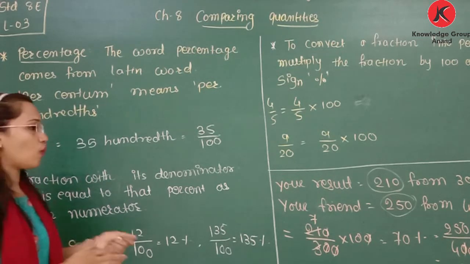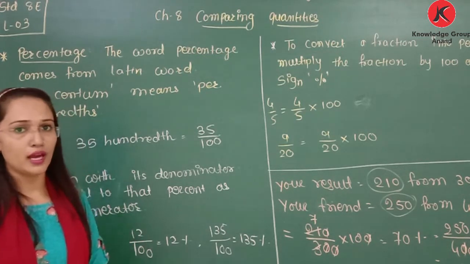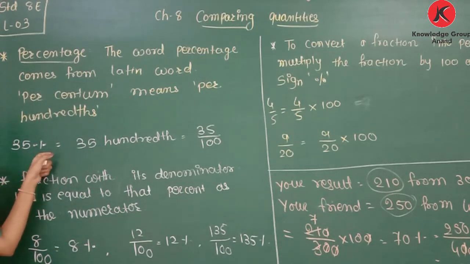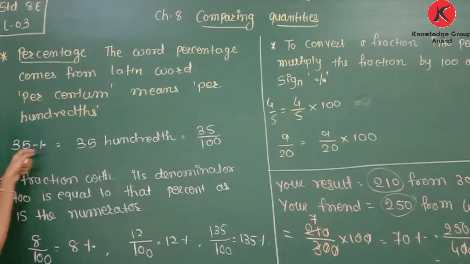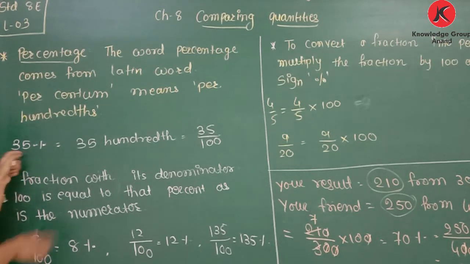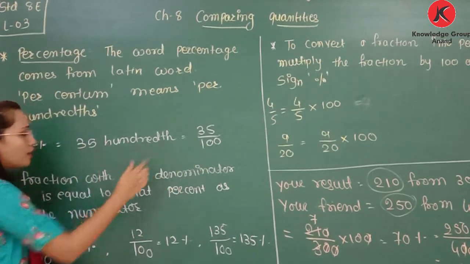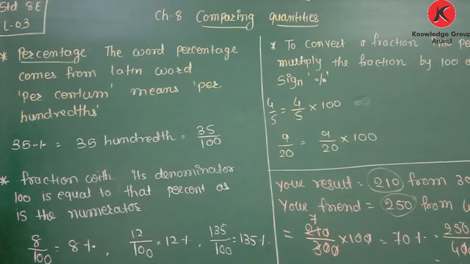So if we have 35%, it means out of 100 we are representing 35. It is like a fraction, 35 by 100. So you can also say that a fraction with the denominator 100 has the percentage as its numerator.